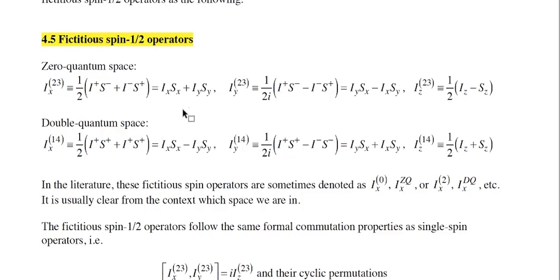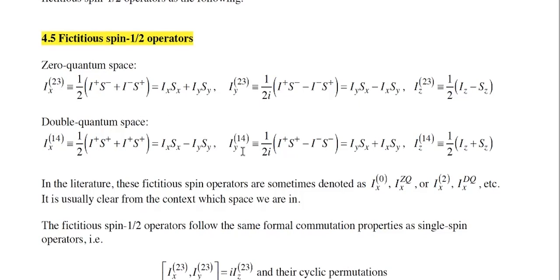And it can be shown, if you do 4x4 matrices because you're having the product operators, then you can do the linear algebra and say, aha, this is true: Ix of the zero quantum space will commute with Iy of the zero quantum space to give you the Iz of the zero quantum space operator, and all of that stuff. And why do we care about all of this?